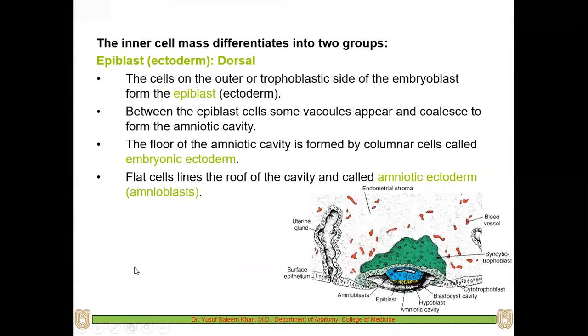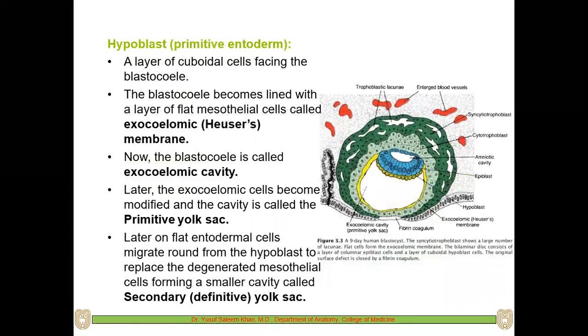Now, what happens to the blastocele? The blastocele starts changing. It becomes lined with a layer of flattened mesothelial cells called the exocoelomic membrane, or Heuser's membrane. This hypoblastic layer gives rise to a thin membrane around the blastocele, this yellow colored structure.